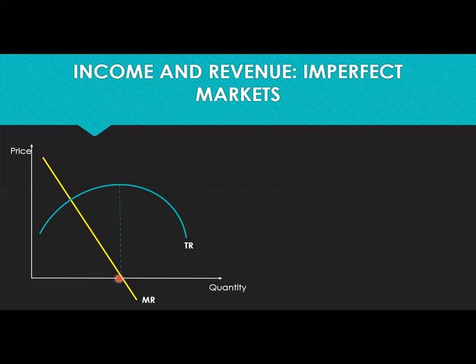The moment your marginal revenue turns negative, your total revenue will start to decrease. And this point over here, we call our revenue maximizing point. Beyond this point, beyond this quantity, the business will decrease the revenue that they receive.